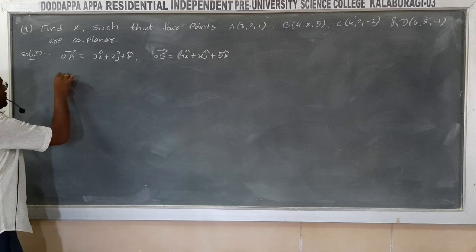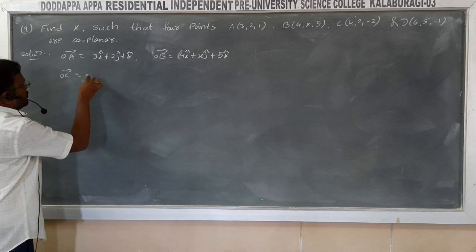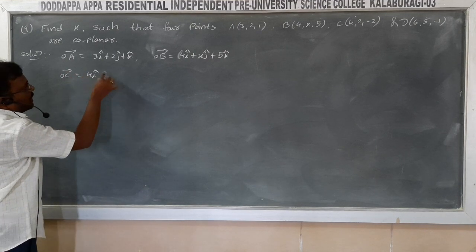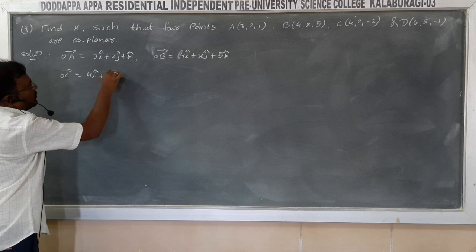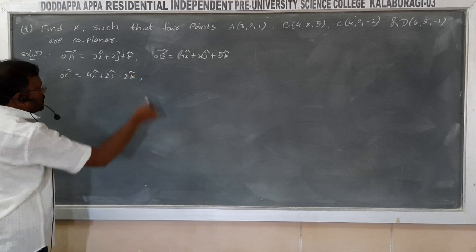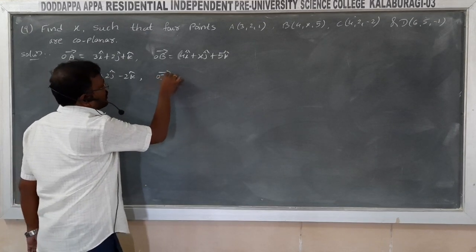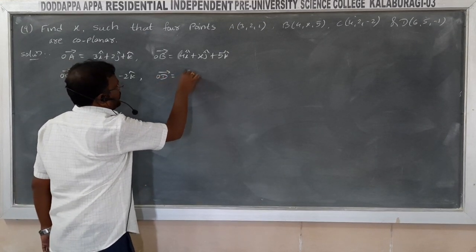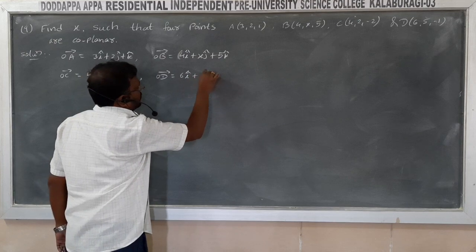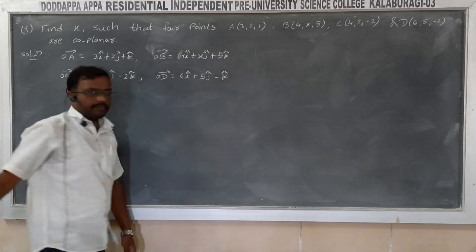Next, third one is the OC vector, 4i plus 2j minus 2k. Next, the OD vector, 6i plus 5j minus k.